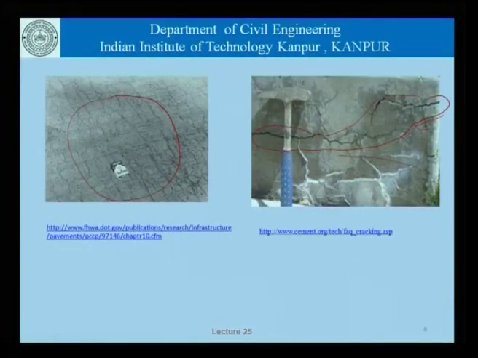In this picture, in this part here, we also see the deposits of the white gel, that is the reaction product of the reactive silica and the alkali metals that are part of the pore solution.